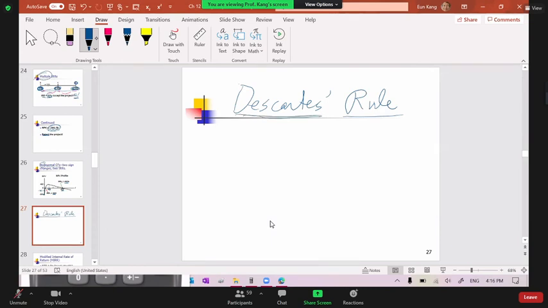So he is a French philosopher, mathematician, and scientist. He's kind of a genius, and his rule is such that the maximum number of IRRs is the number of sign changes.